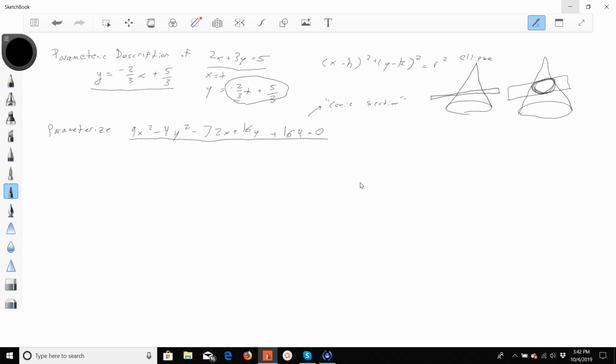So hopefully, in an ellipse, an ellipse is like an oval.